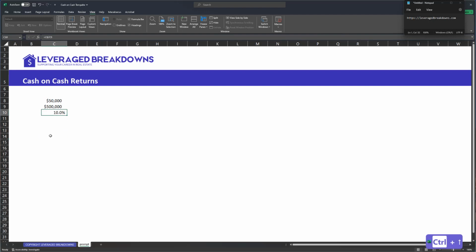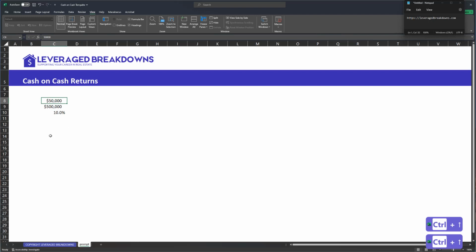Leverage plays a significant role in cash-on-cash returns for commercial real estate investments. Equity investors often focus on the levered cash-on-cash return, which takes into account the effects of debt on the investment. Financing terms can greatly impact cash-on-cash, and it is essential to consider these terms when calculating and interpreting results.